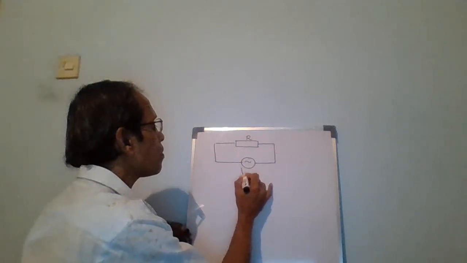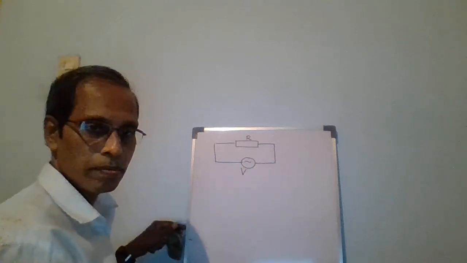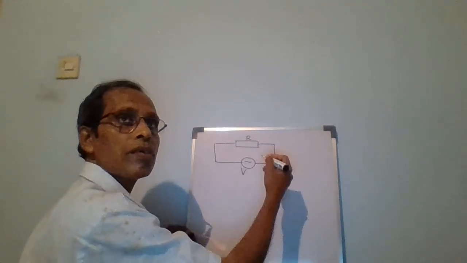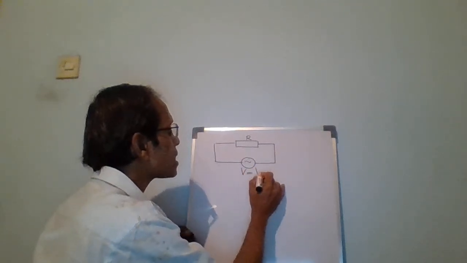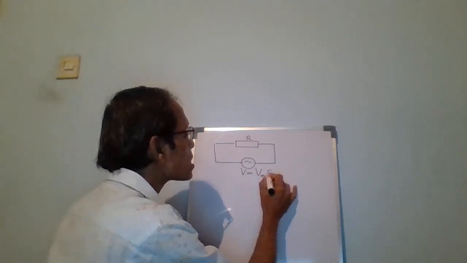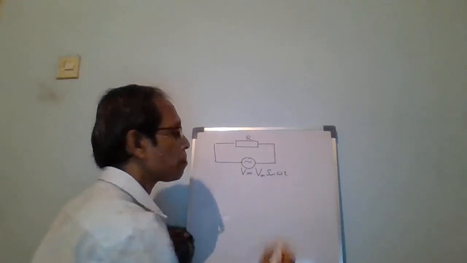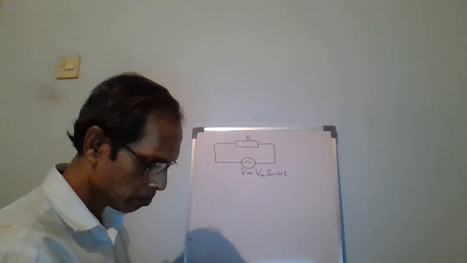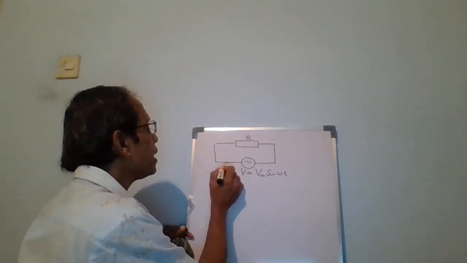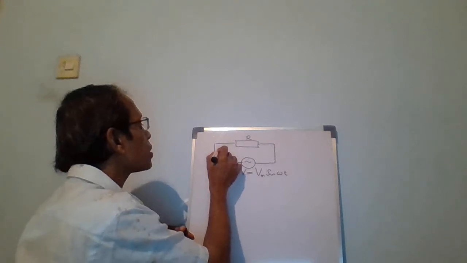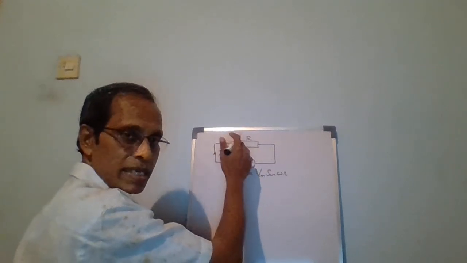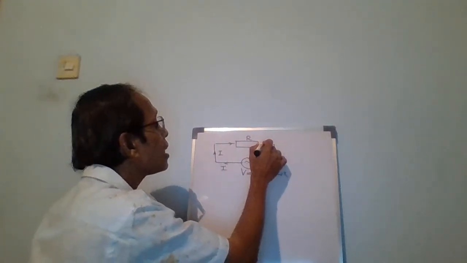Say it is V. It's a sine wave function, a function of time: Vm sine omega t. Then the current flowing from this is I. I flows through the circuit and through the resistor, whose resistance is R.